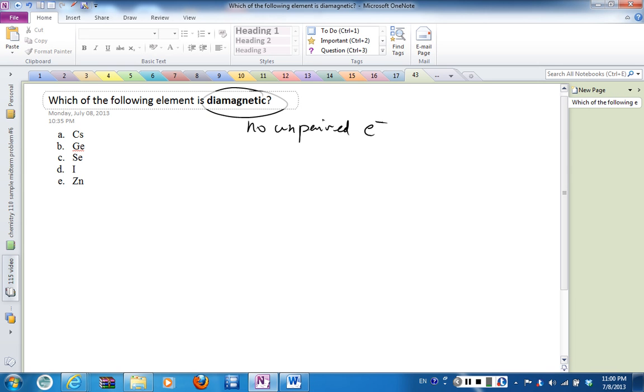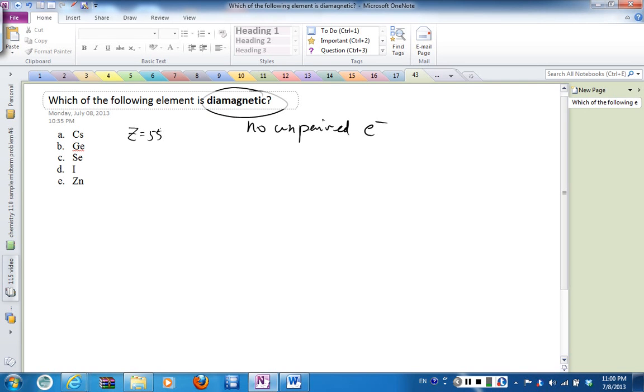So understanding that, all we need to do now is to look at the electron configuration and decide which one doesn't have unpaired electrons. Okay, so starting from cesium, on the periodic table, cesium has atomic number of 55.